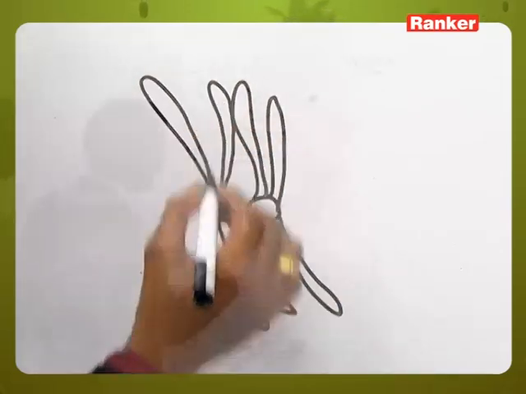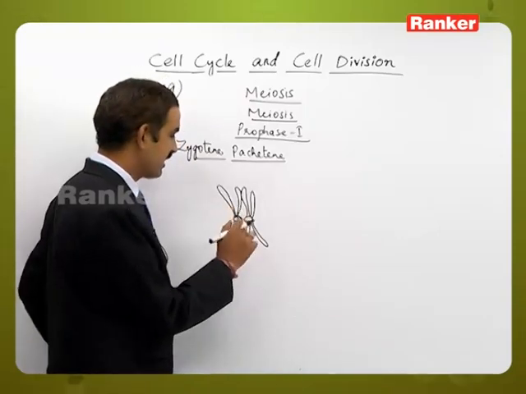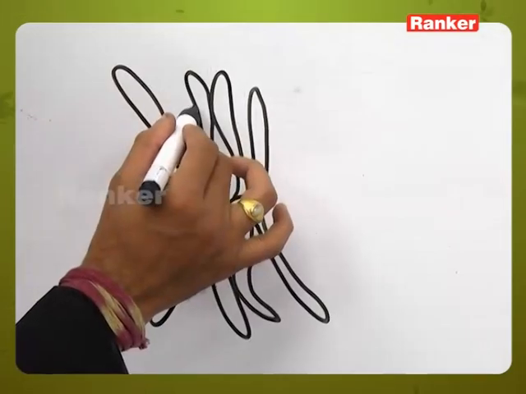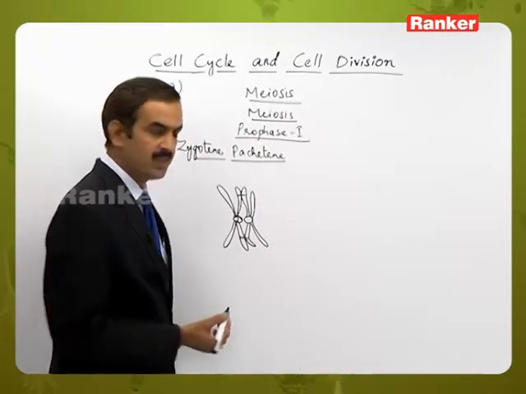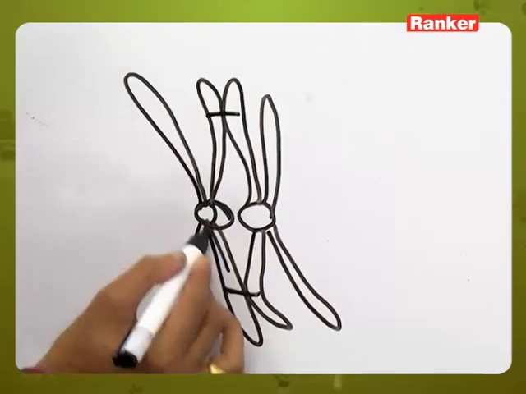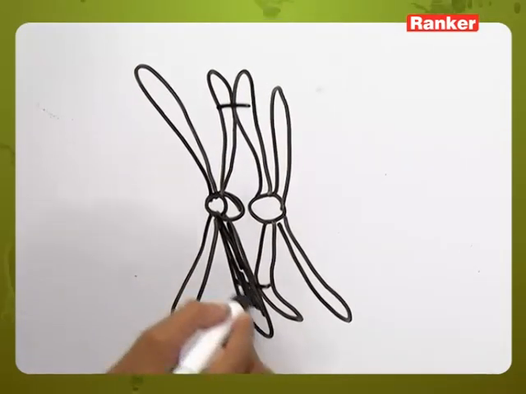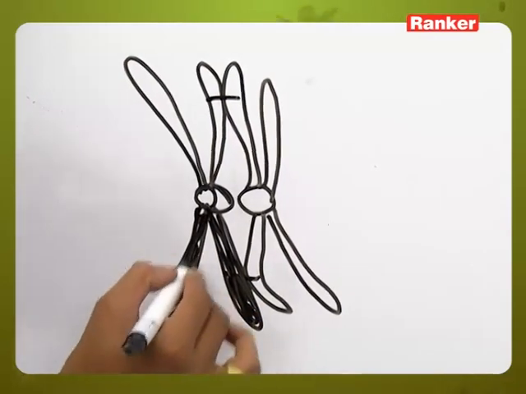So here we can see the pairing of chromosomes taking place, which is called synapsis, and at this point where synapsis is taking place, these fragments will get broken and exchange of the fragment pieces will take place. For differentiation we can change the colors here. Let us take one as black and one as white.